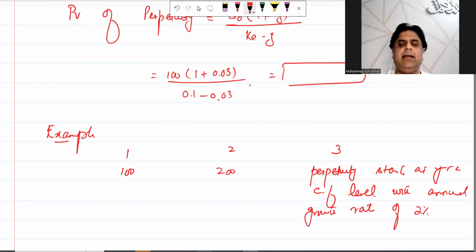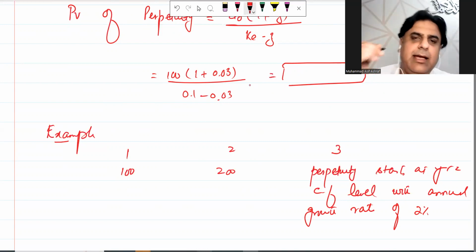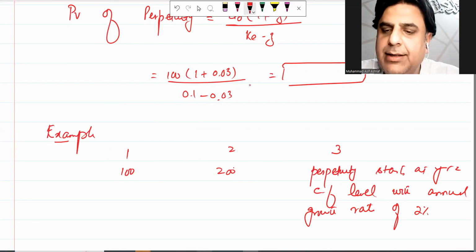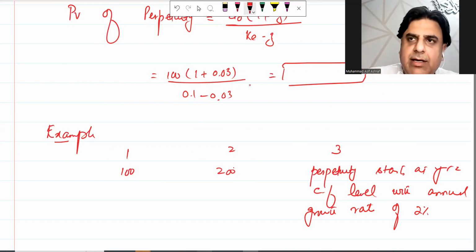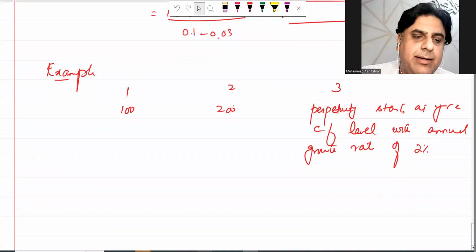D0 means that the growth is based on the existing cash flow. Here, 200 is the growth point. Perpetuity will be there at the level of year 2. So D0 would be 200 here.